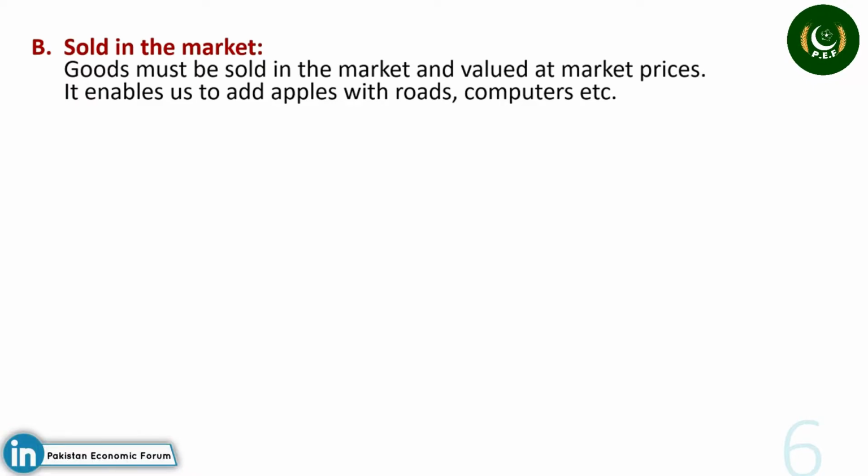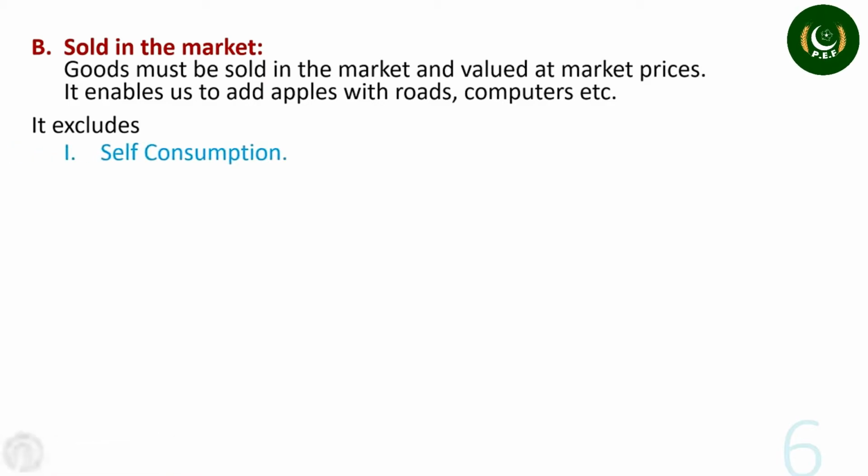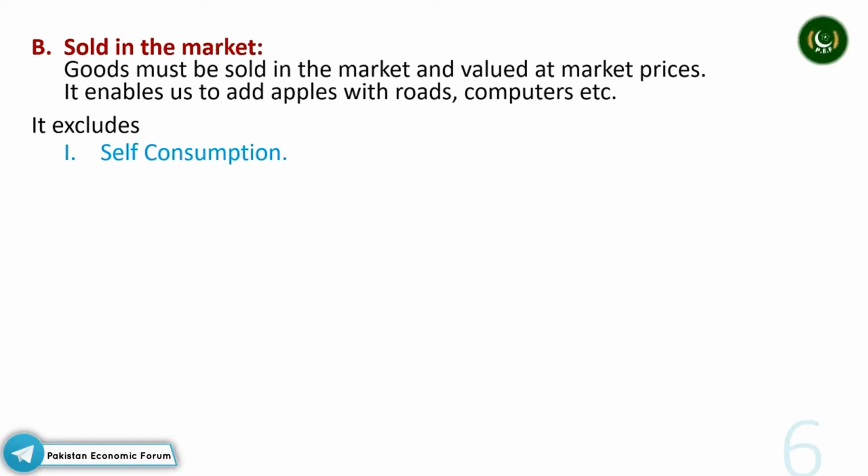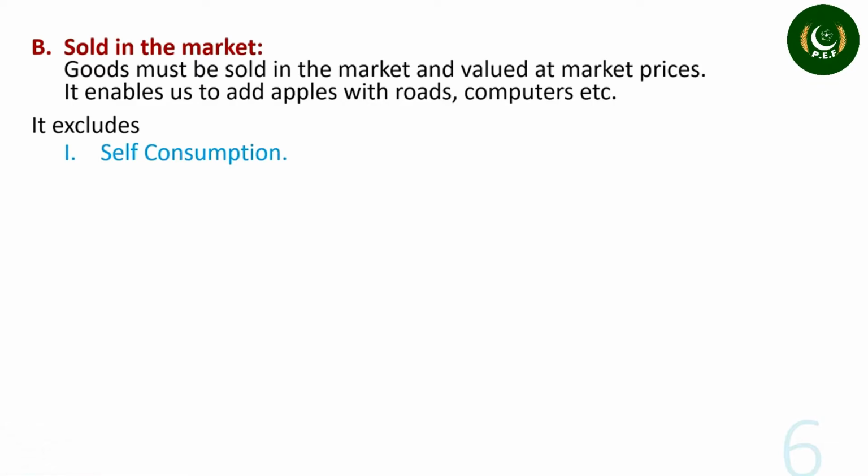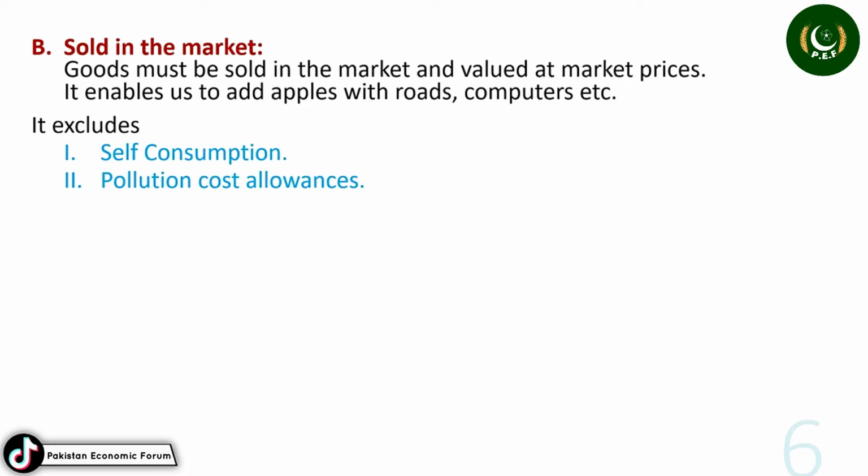However, this excludes self-consumption, that is, the value of personal time spent in activities that are not sold in the market. Similarly, it also excludes pollution cost allowances and income from any illegal activity.